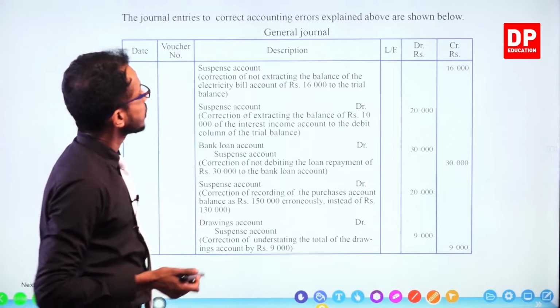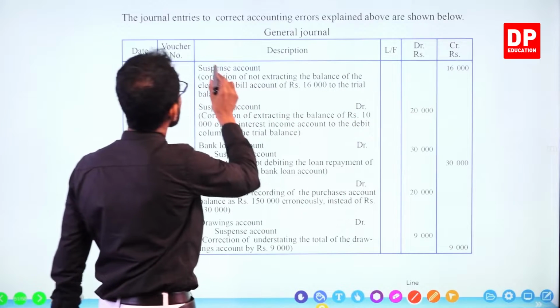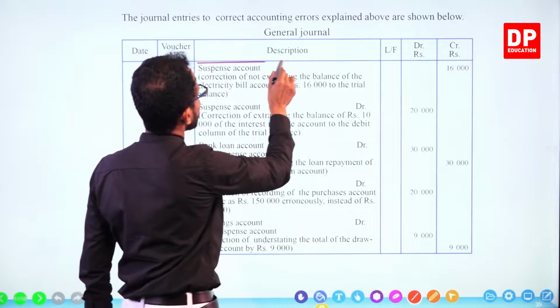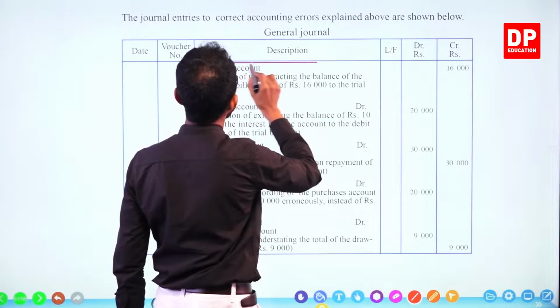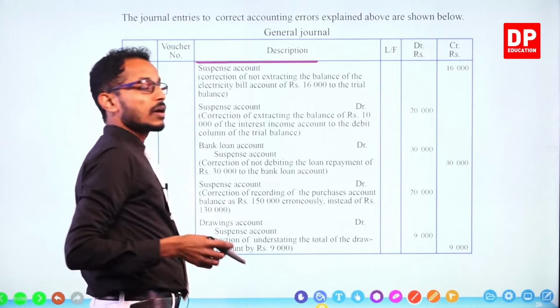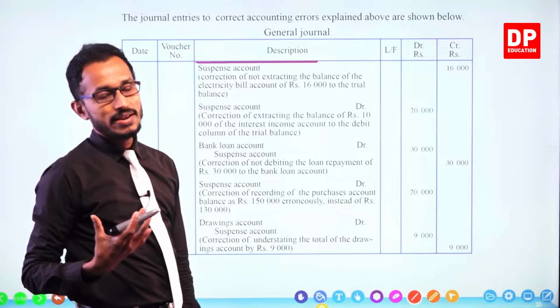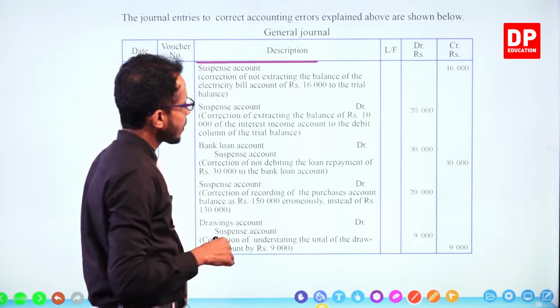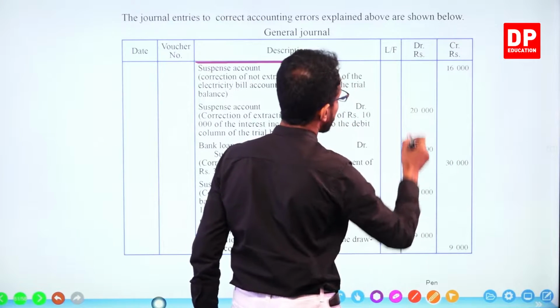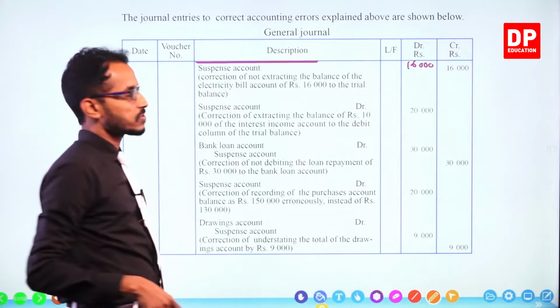Here, trial balance debit they have not mentioned, because as I told you, we don't enter the debit entry if it is a mistake or error in the trial balance when preparing the trial balance without putting account balances to the trial balance.